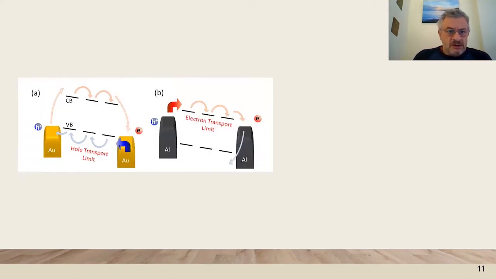By changing the contact from a low work function material to a high work function material, we can make the devices primarily conducting holes or conducting electrons, depending on the species that are injected and extracted.